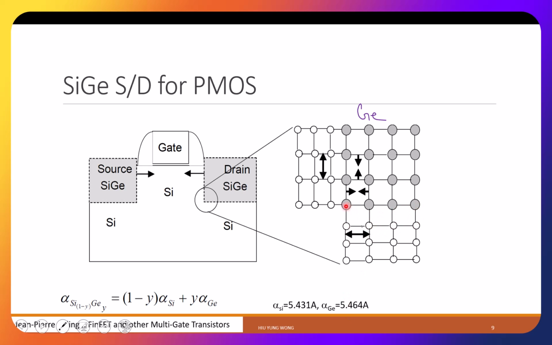Germanium is large, 5.646, and you align it with silicon, 5.43. Think about the kid and the adult: each of them pulls the hand, the adult tries to have the maximum distance, and the kid needs to touch the adult here, and they also need to hold the hands against each other.